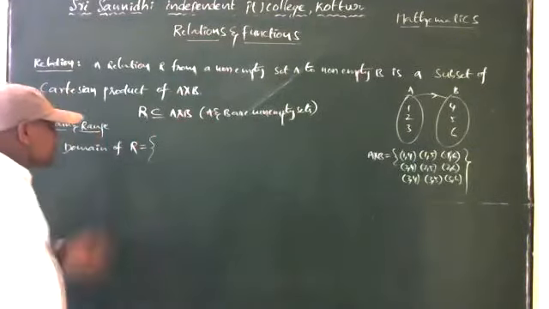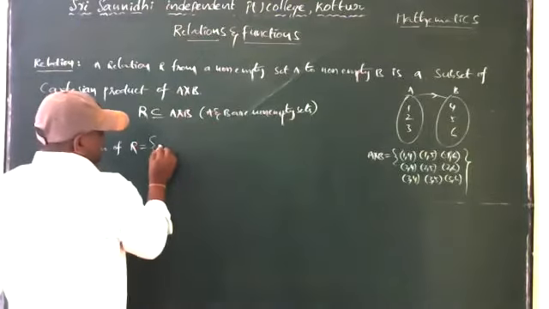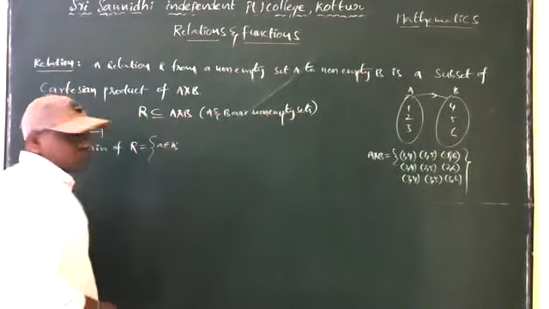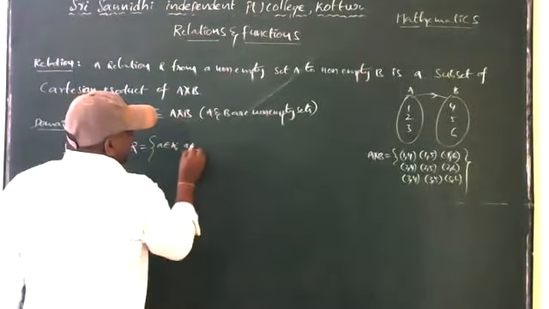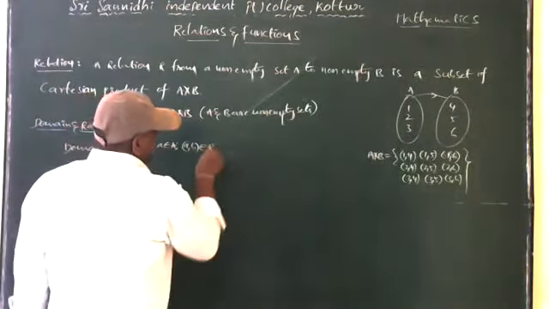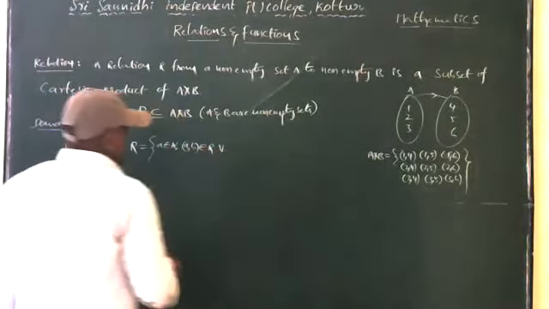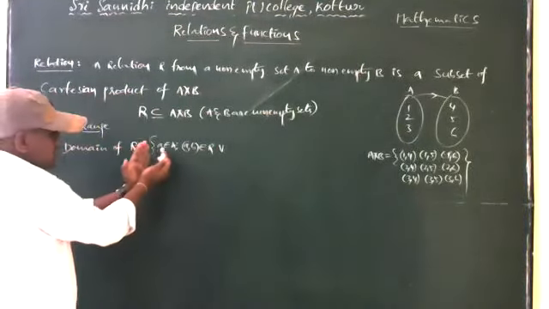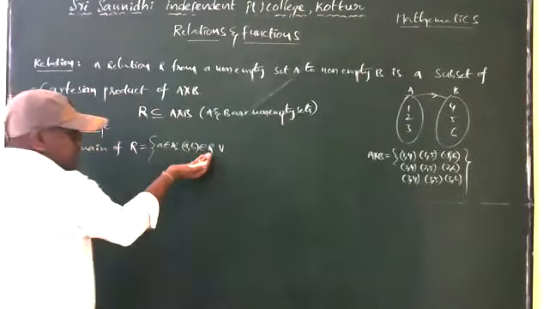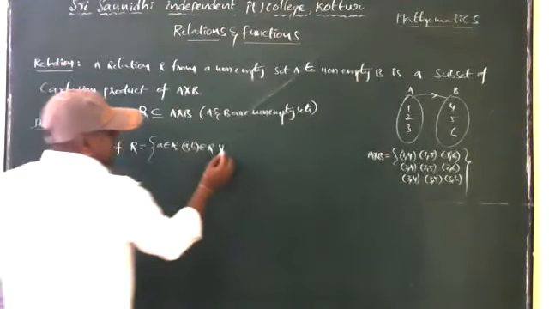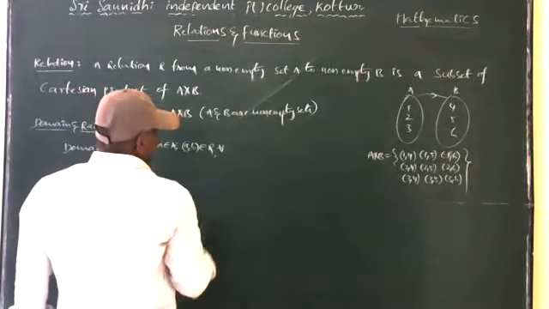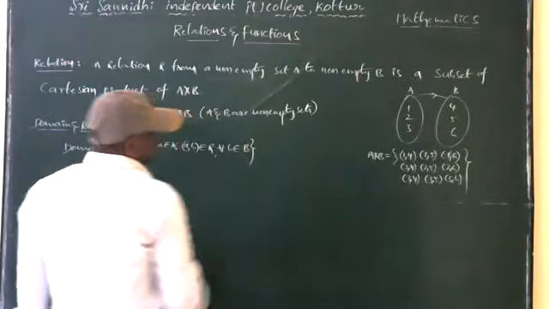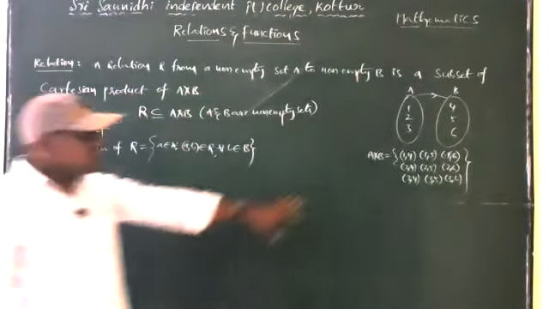We can write in set-builder form like this: small a belongs to capital A, such that (a, b) belongs to the relation for some small b belongs to capital B set. This is the Cartesian product.